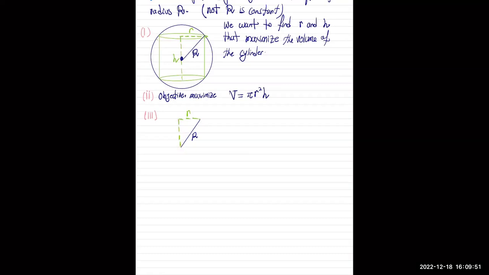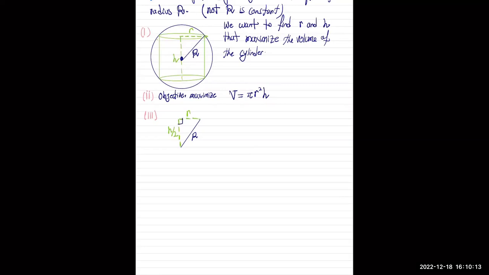H divided by 2. H over 2 works. Very good, H over 2, perfect. This is the same as that. We have symmetry here. Okay, so write down the relationship.